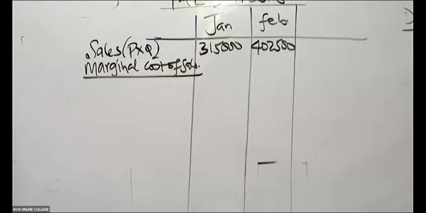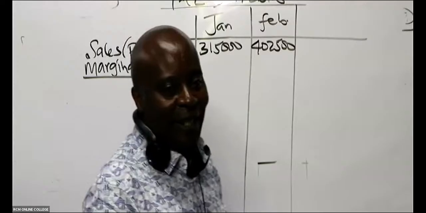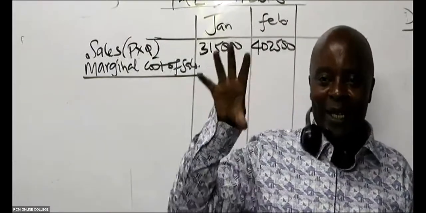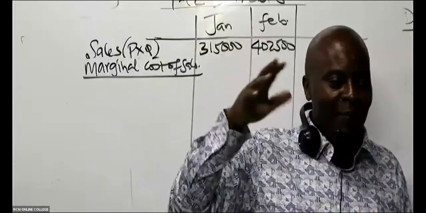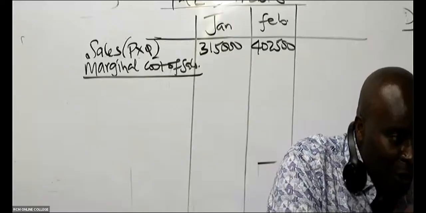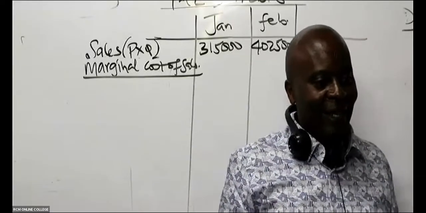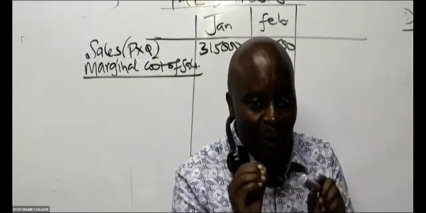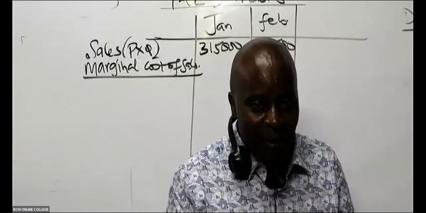Marginal cost of sales. So, ladies and gentlemen, how do we normally get cost of sales? Anytime they want us to get cost of sales, we normally take opening stock plus purchases. Remember here, we are a producing organization. We're not purchasing. So we take opening inventory plus production minus what here, somebody? Closing.